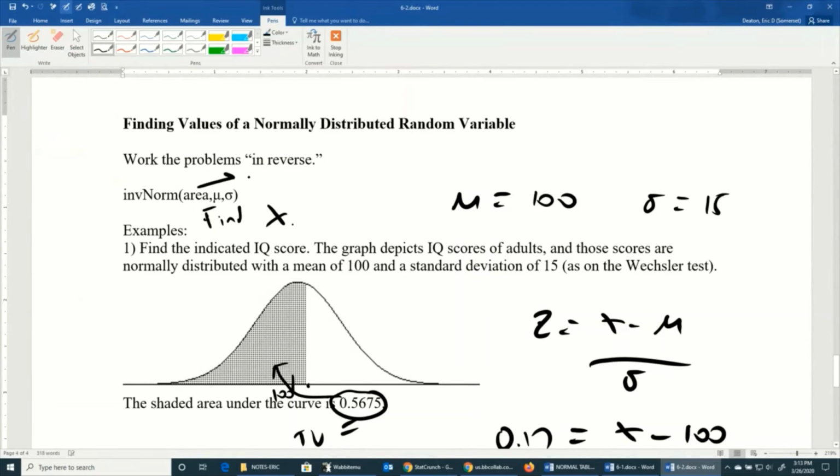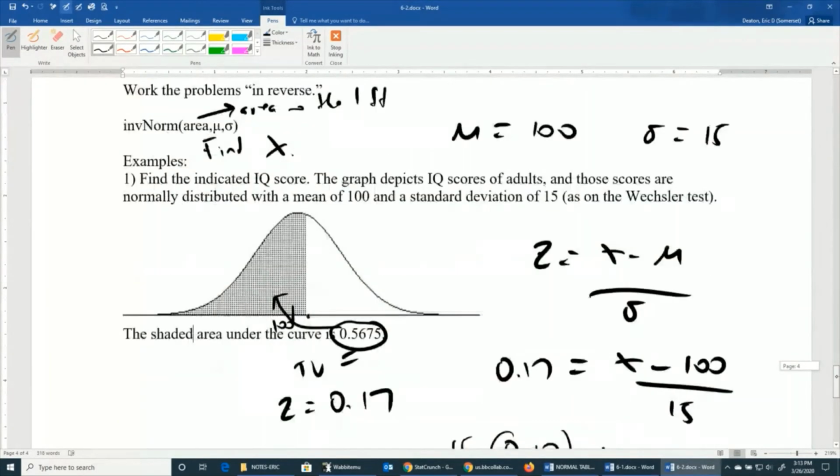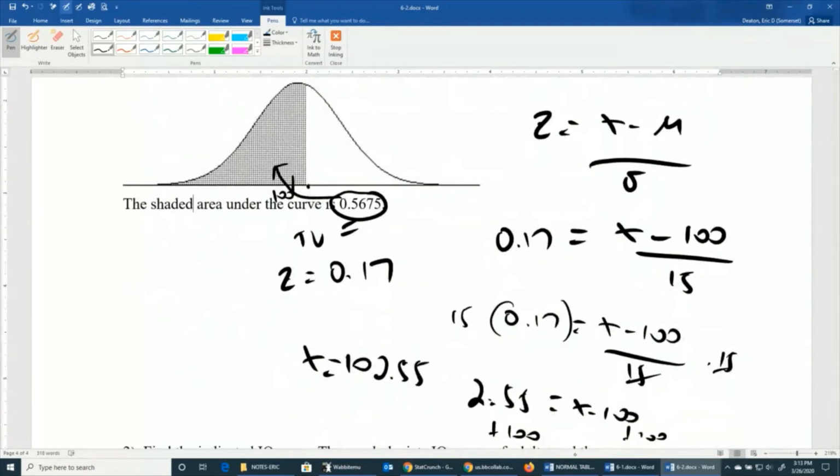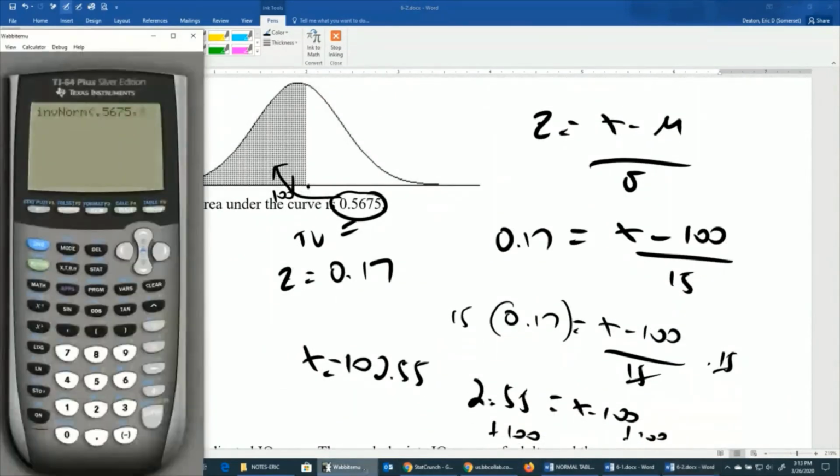This is area to the left on the graphing calculator. So 0.5675, and then the mean was given to be 100, and standard deviation was given to be 15. 102.55.